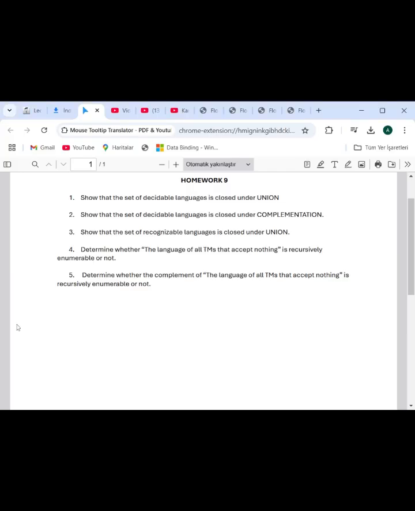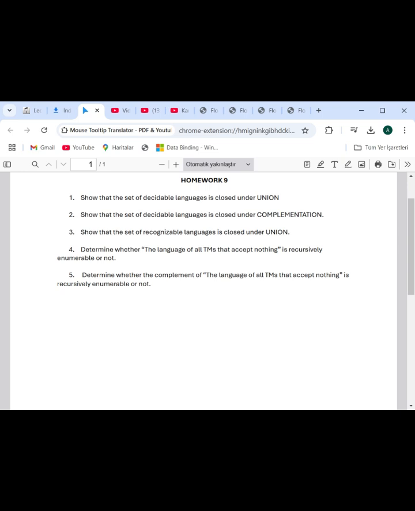Fourth question. Determine whether the language of all Turing machines that accept nothing is recursively enumerable or not. The language of all Turing machines that accept nothing is not recursively enumerable. What is the reason?